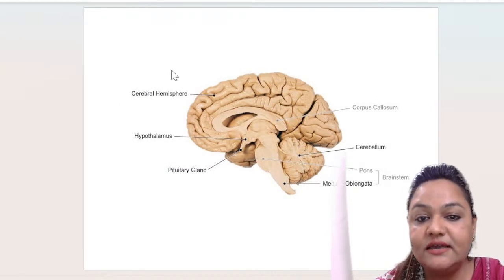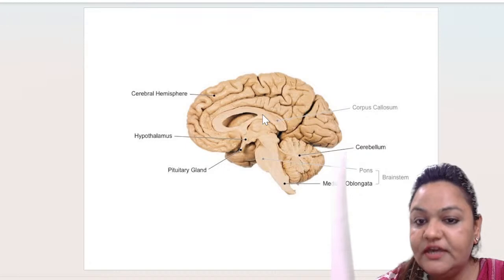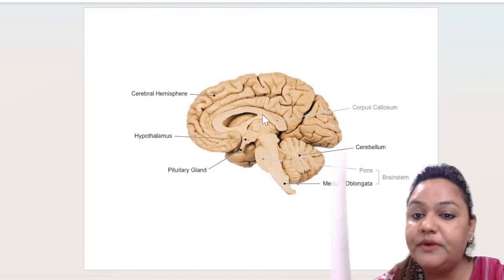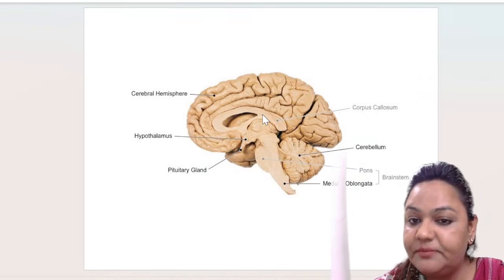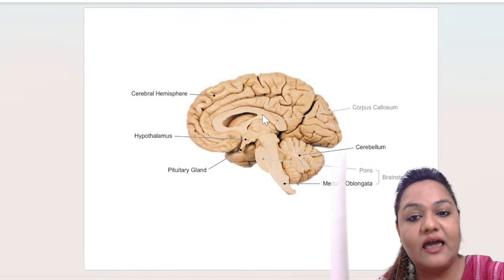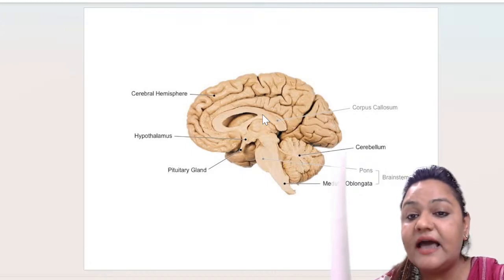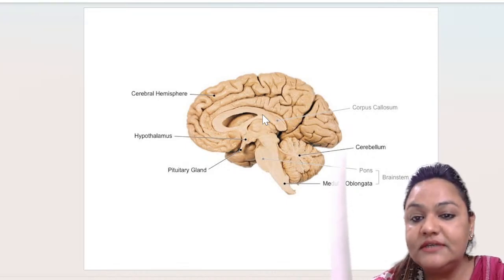As you can see here, this is the corpus callosum, and you can see it only on the medial surface of the cerebral hemisphere. Each cerebral hemisphere has a superolateral surface where you can find so many elevations and depressions, called the sulci and gyri, and on the medial surface it has this identification mark here. This is called the corpus callosum.